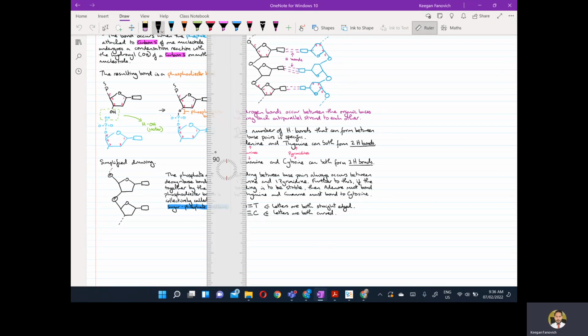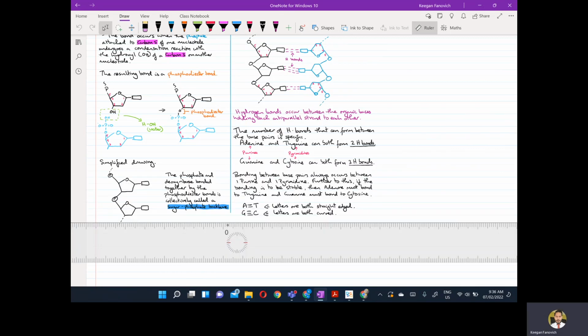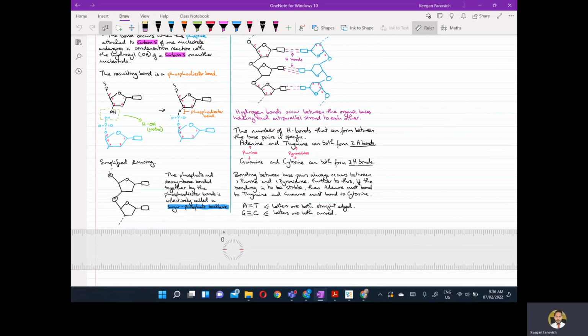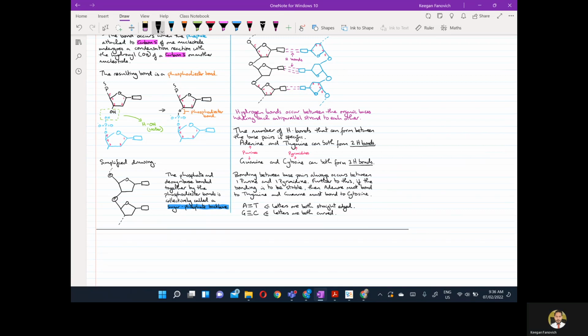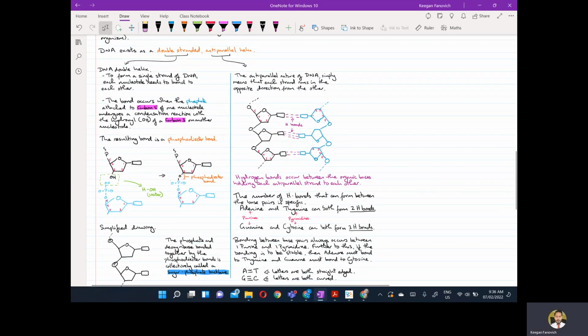Now, the next thing is about this DNA double strand, the antiparallel nature again. We're going to be talking about that one more time. So we have the double helix.